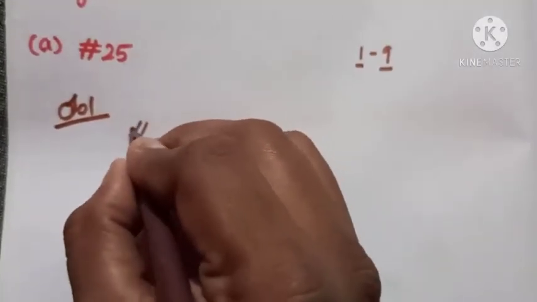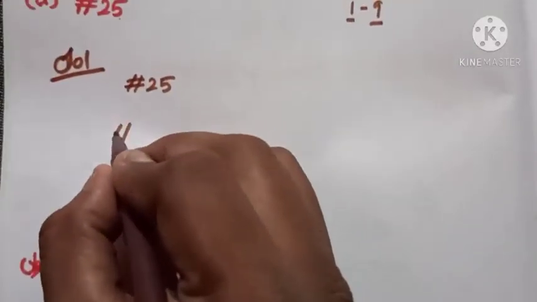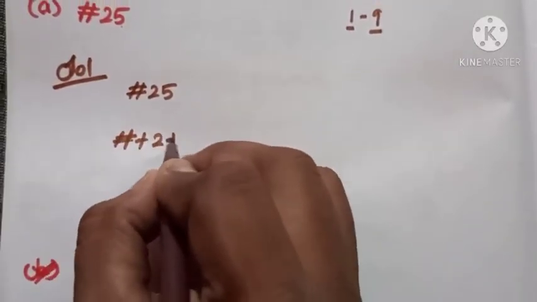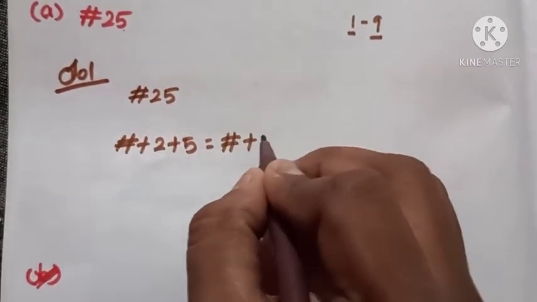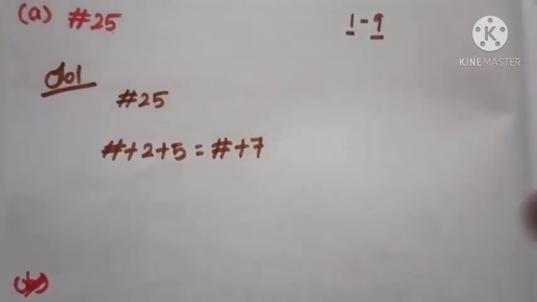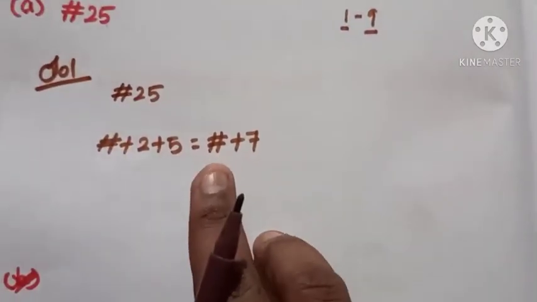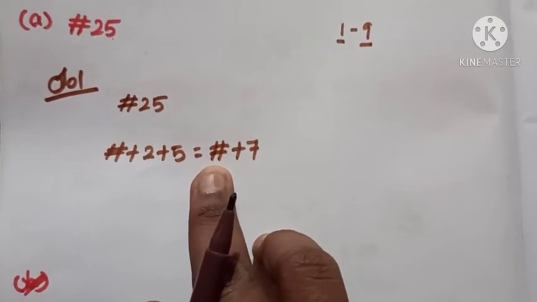So what is ash 25? We can write ash plus 2 plus 5, which is equal to ash plus 7. Now you can see that if the number is added with 7, it has to be divisible by 3.